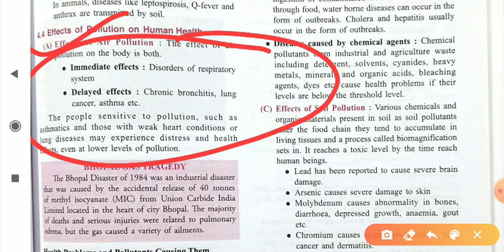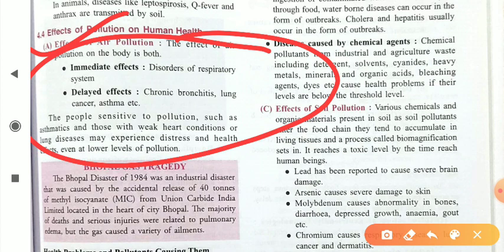Both the immediate effect and the delayed effect are caused by air pollution, like respiratory problems, chronic bronchitis, lung cancer, asthma, etc.